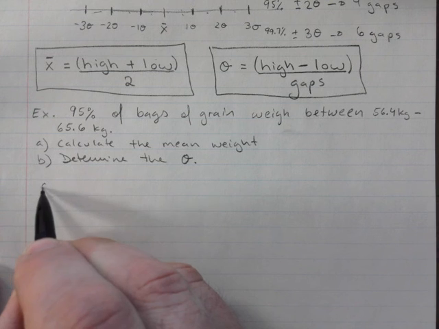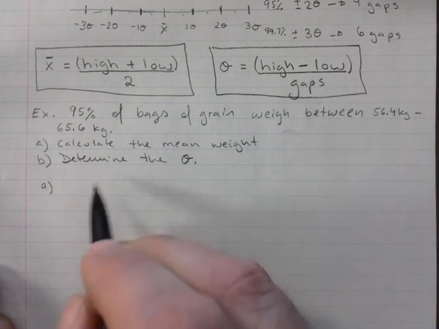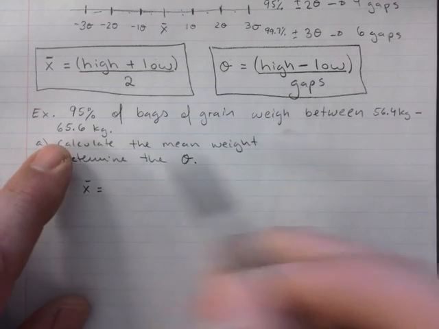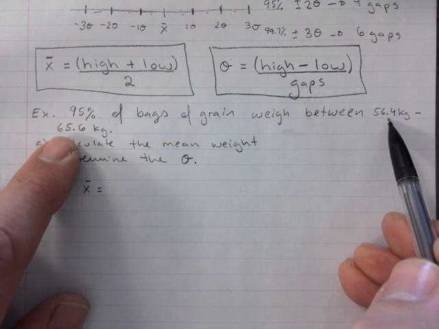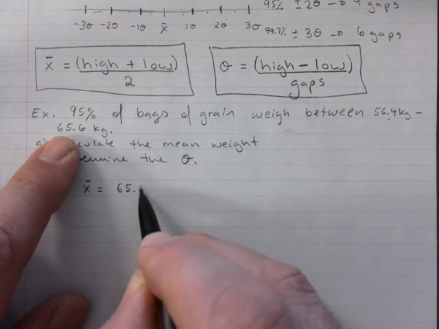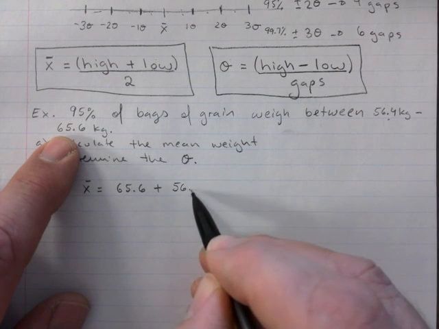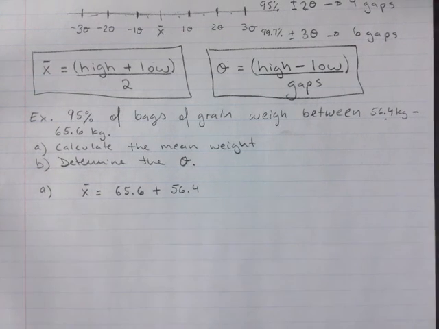So for A, to find the mean, the high, like they gave you a range, right? So the high is 65.6 plus the low, which is 56.4, because you know that if they're 95% or in between, that they're both the same distance away from the mean.